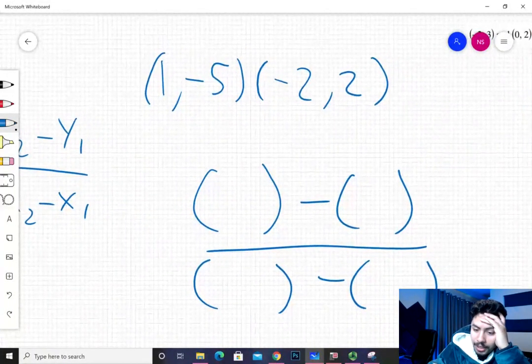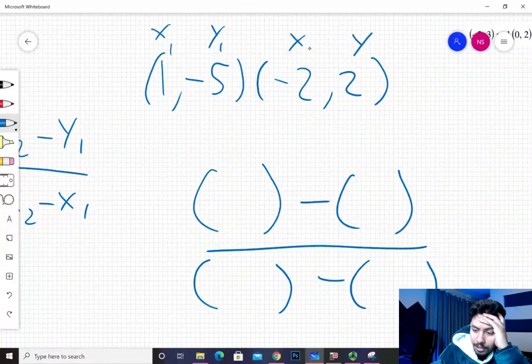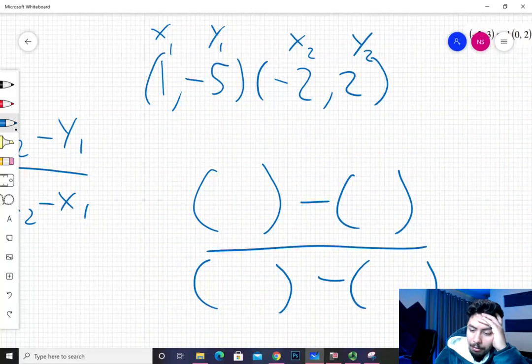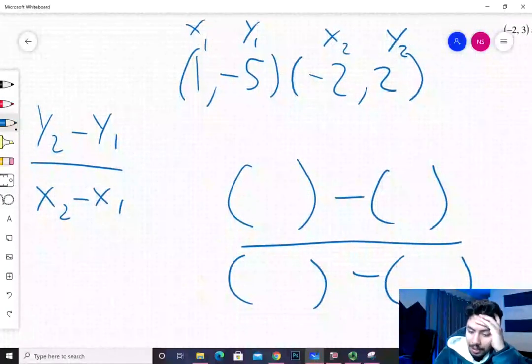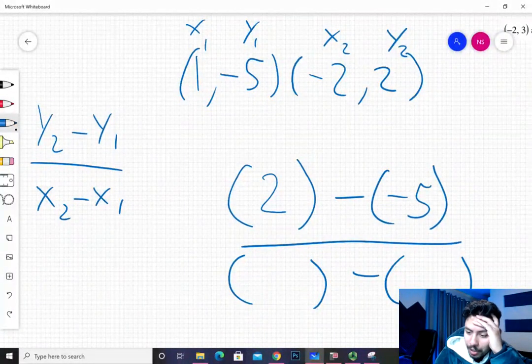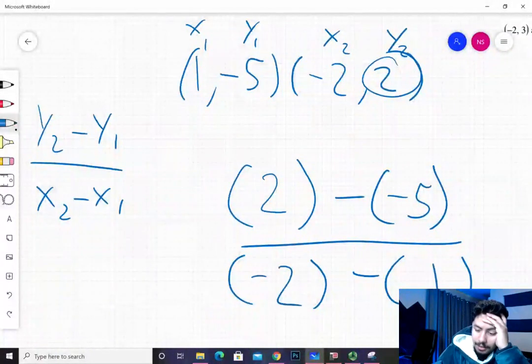I know points are written (x, y), (x, y), because this is my first set and this is my second set. Those are my 1s and those are my 2s. So I'm going to follow the formula and put in the numbers in their designated spots. So my y2 minus y1, like that, and x2 minus x1, like that.